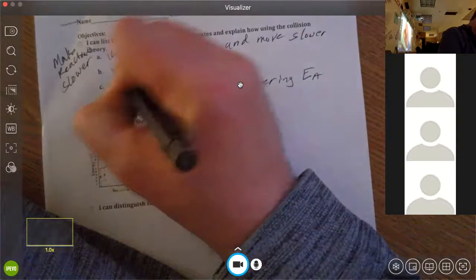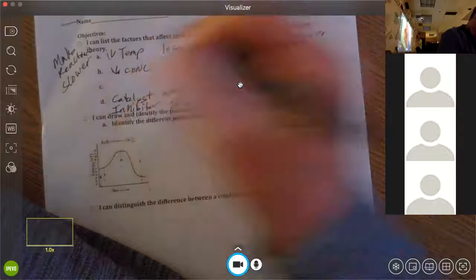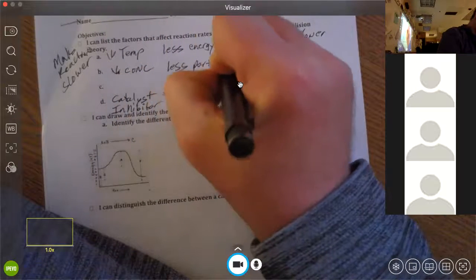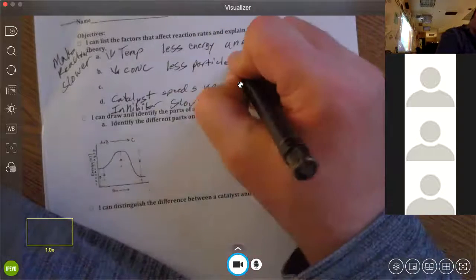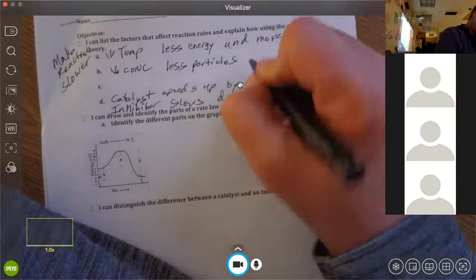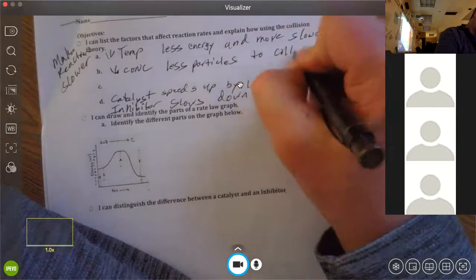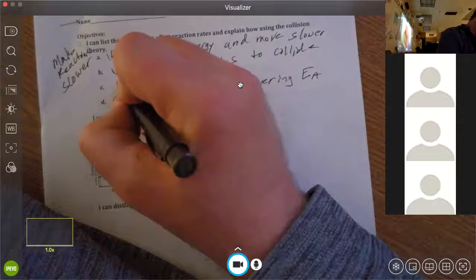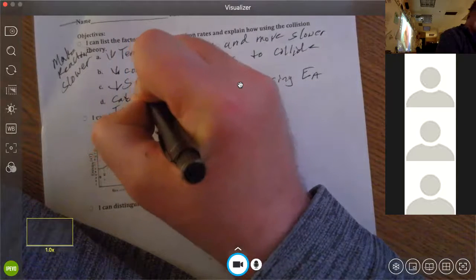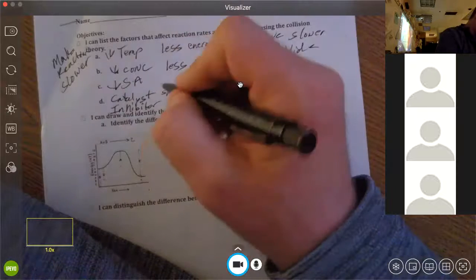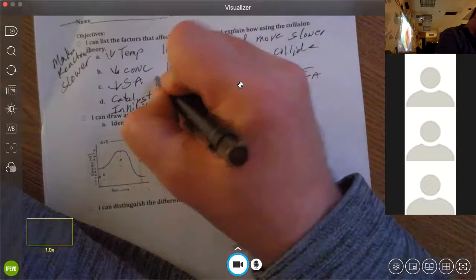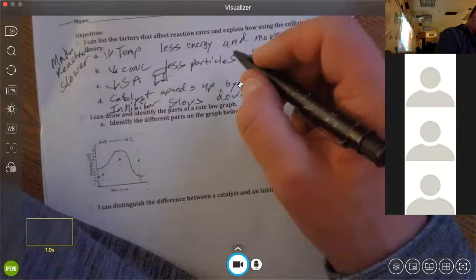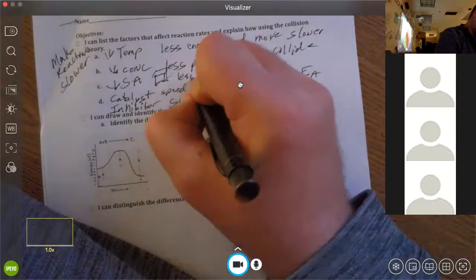Low or decreased concentration: fewer particles to collide. On the back page, we did how to make it faster a lot of times, so on the front page, we're just going to make it how to slow it down. Decrease surface area: if we have less surface area, like a big blocky thing, fewer particles are exposed for collision.